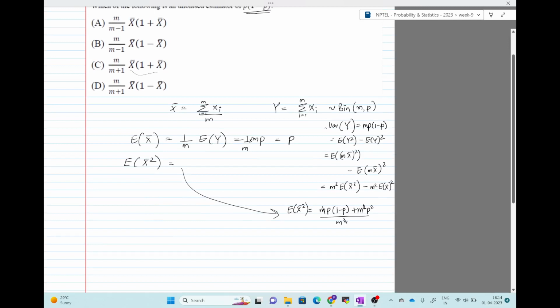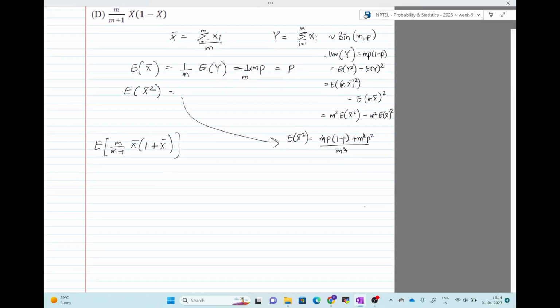So if we do the expectation of the first option, what we'll get is, we can take the m into m minus 1 outside, expectation of x bar plus x bar square.